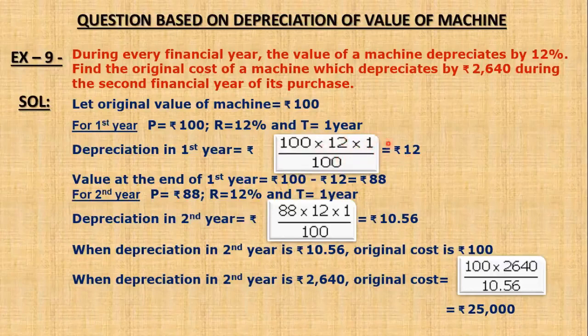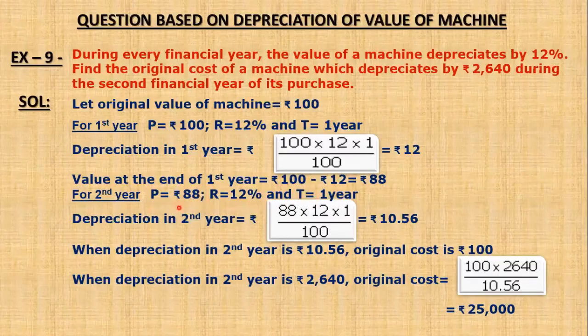Here we are using the same formula as interest, that is PRT upon 100. Value at the end of the first year will be its original value minus depreciation during the first year, that is rupees 100 minus rupees 12, which will give rupees 88. For the second year, principal is rupees 88, rate 12% and time 1 year.